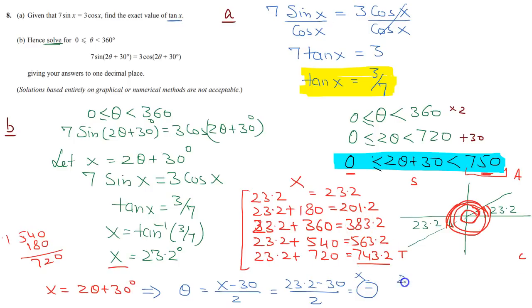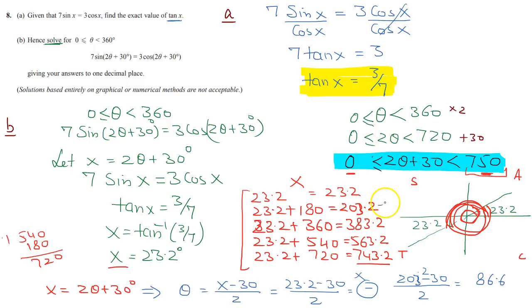X is equal to 201.2, minus 30, over 2. This is not 202, this is 203.2 minus 30. So this will be 86.6.